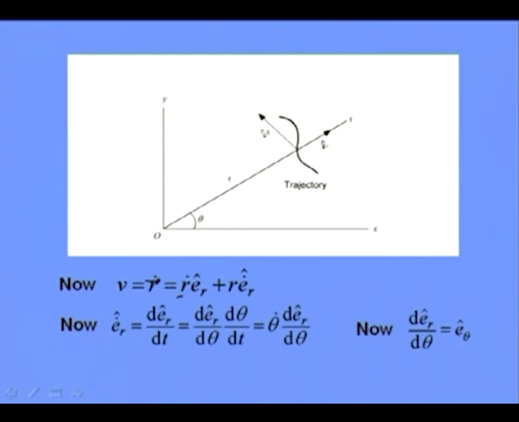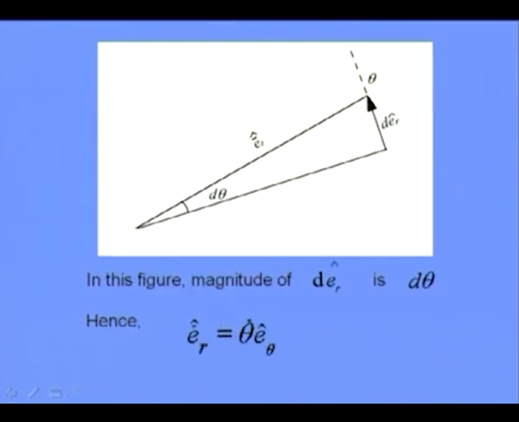This point can be explained here. Supposing you have a unit vector er here, and after a rotation of delta theta, the unit vector goes to the next position. The difference is given by delta er, or in the limit, if delta theta is very small, this can be written as der only.